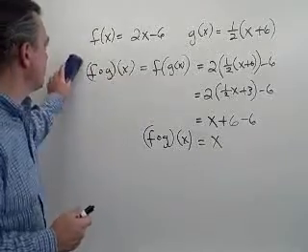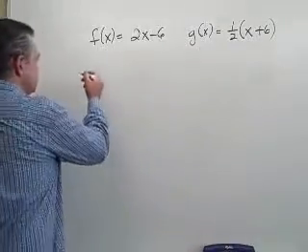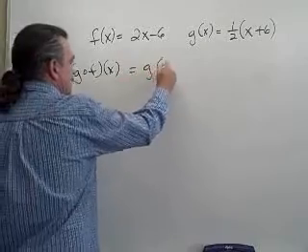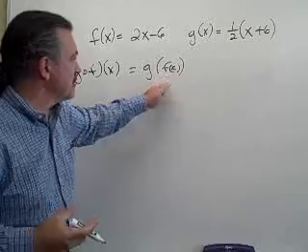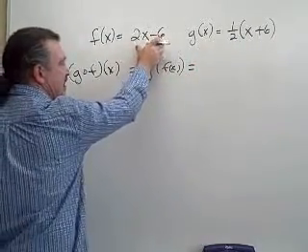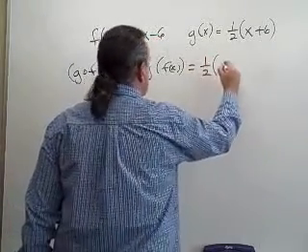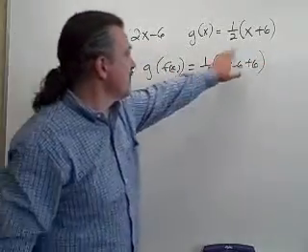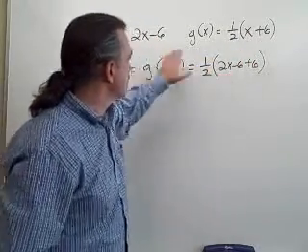Let's compose g with f. So now the function f is the interior function. So wherever there's an x in the function g, I'm going to replace it with the entire expression for f of x.